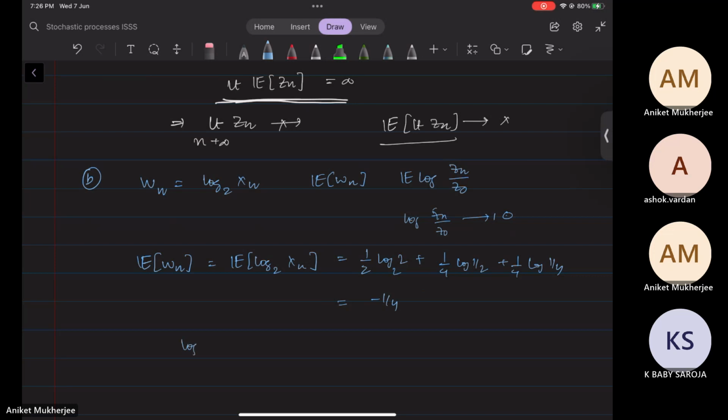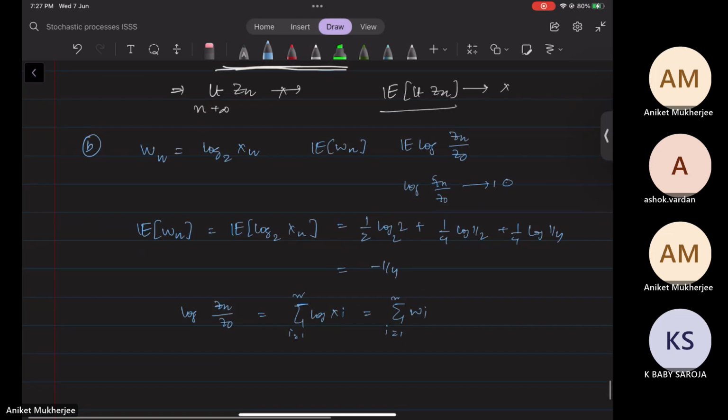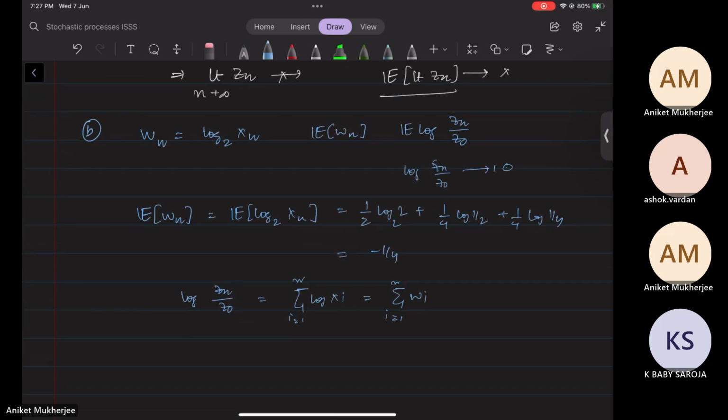So now we have log Zn by Z0. Zn I can write as the product of X1 to Xn times Z0. Z0 cancels. I have the log of the product of X1 to Xn. The log of the product of X1 to Xn, I can write as the summation of log of Xi, i equals 1 to n, which is equal to the summation i equals 1 to n of Wi.